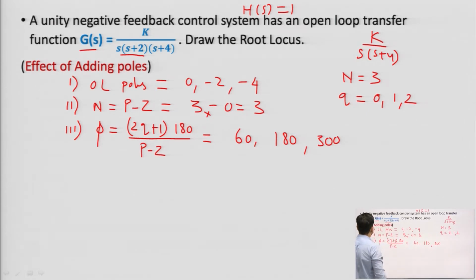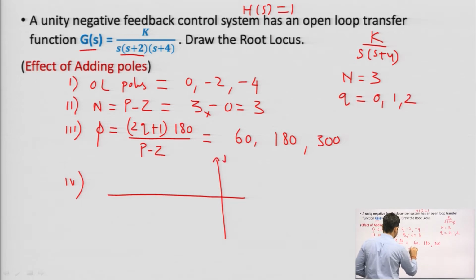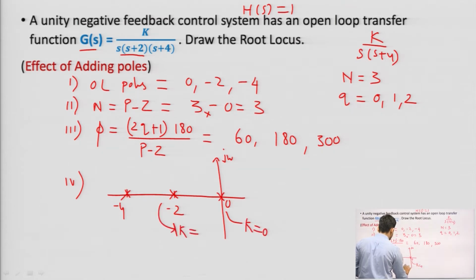Now we would like to know what would be our valid region on the root locus. So I can draw these poles on our j omega axis. Here one pole is lying at the origin, one at -2, one at -4. And the value of k here is equal to 0.